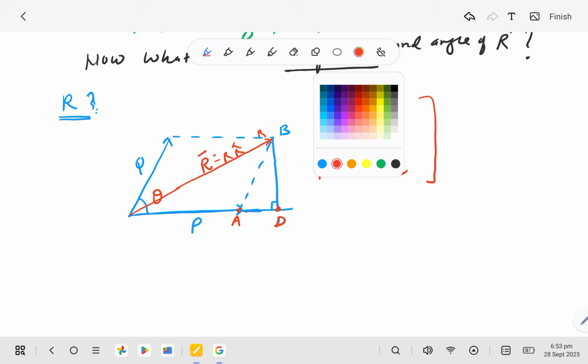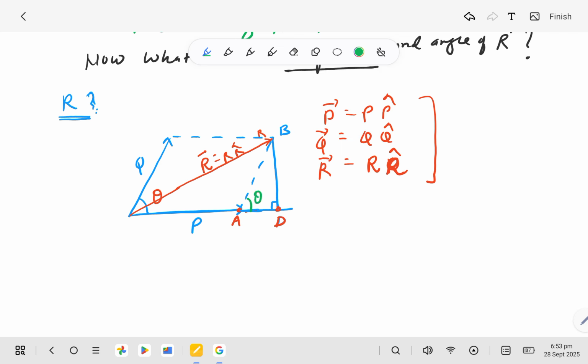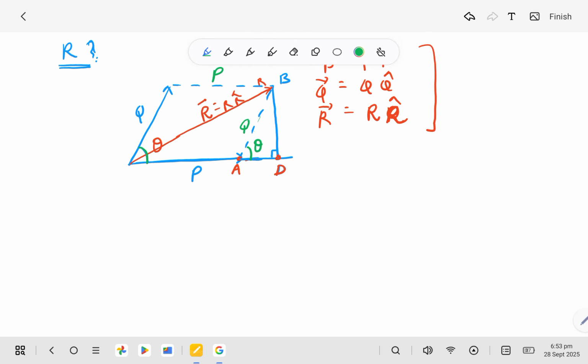So now we can use two triangles here. So this angle is also theta, this angle is theta, this angle is theta. The length of this side is also Q, the length of this side is also P. So now we use the law of triangle.